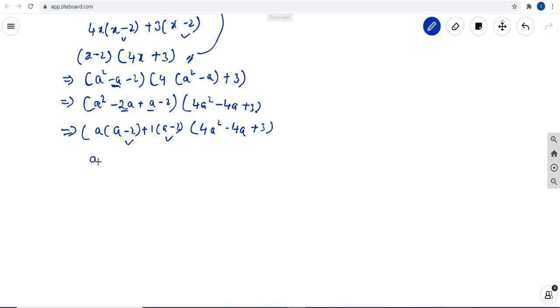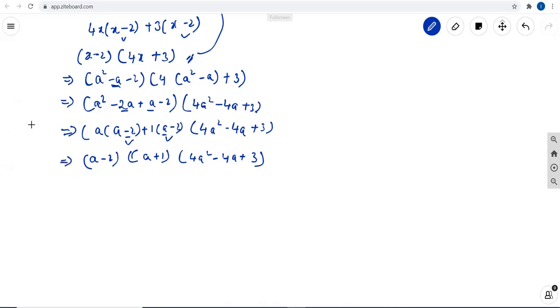So a minus 2, if I take outside, what is left? A plus 1. This one and this one we have taken common. So what is left? A plus 1. And one more term is what? 4a square minus 4a plus 3. Okay. So these are the factors for problem number 10.